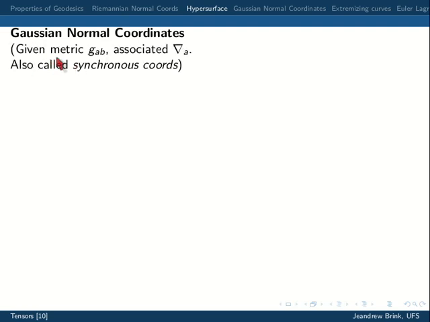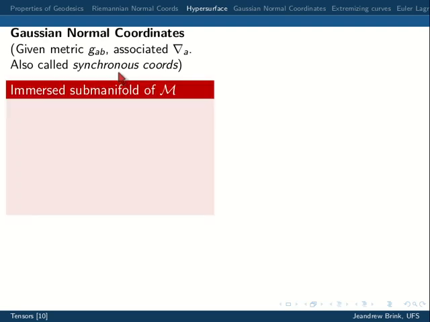Okay, so let's now start with the second type of coordinates. If you're given a metric and an associated derivative operator, these are what they call synchronous coordinates, okay?